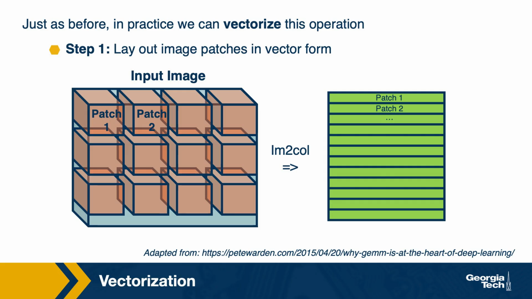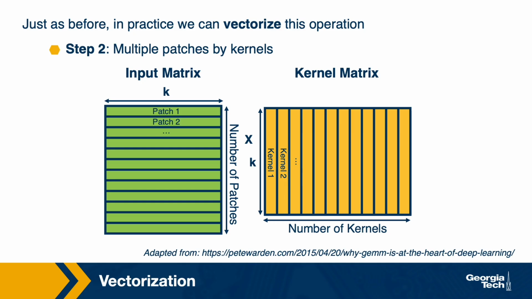So each image patch will be converted to a vector, and this can be done even if it's a multi-channel image, as long as you keep the ordering the same. And then you'll lay them out as rows in a matrix. And then we'll just take the kernels and also lay them out as a matrix. And we'll just perform the whole operation as a matrix to matrix multiplication. That is, in the first matrix, we'll have the image patches along the rows. And in the second matrix, we'll have the kernels along the columns. And then we'll just multiply them together.